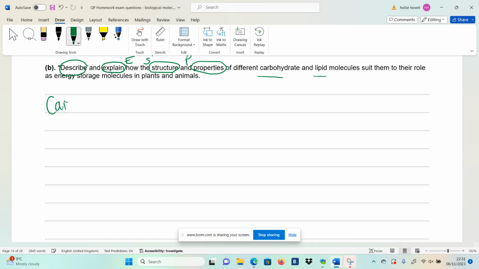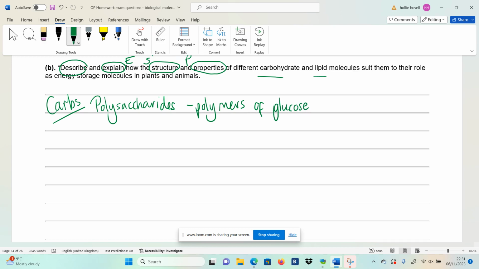So if we start off looking at carbohydrates, the ones that are used for energy storage are the polysaccharides. And polysaccharides are polymers of glucose. So they're lots of glucose molecules joined together.